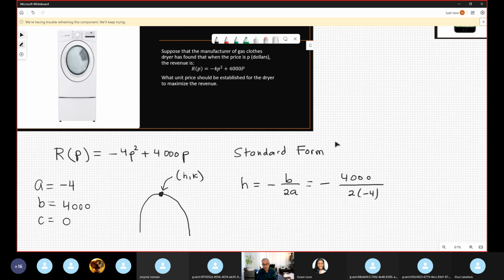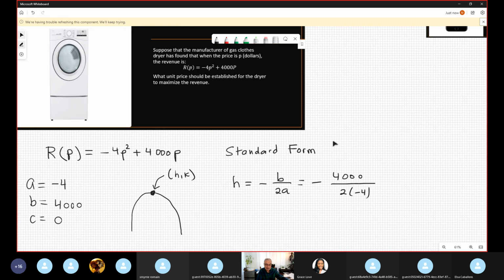And a double negative is positive. Entonces, basically, multiplication, 2 times 4 is 8, and 4,000 divided by 8, I suppose que es 500, no? Let me check it with the calculator. 4,000 without signs, because I know the double negative becomes positive, divided by 8, is 500. And this is the price, the optimum price for this dryer.